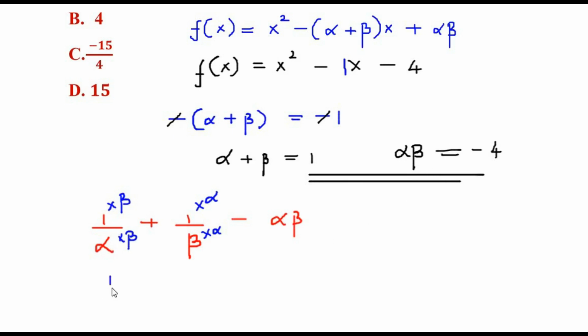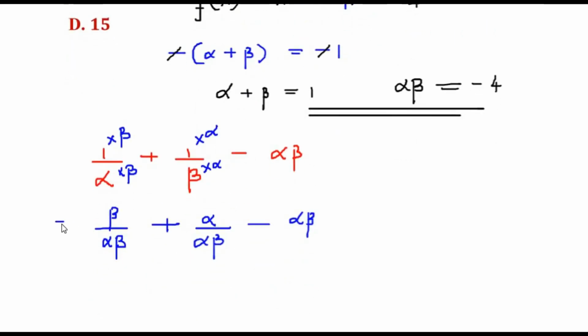So here we get beta over alpha beta plus 1 times alpha is alpha over alpha beta minus alpha beta. Now since here the denominators are same, I can combine the numerators and write it as alpha plus beta and write down the common denominator alpha beta minus alpha beta.